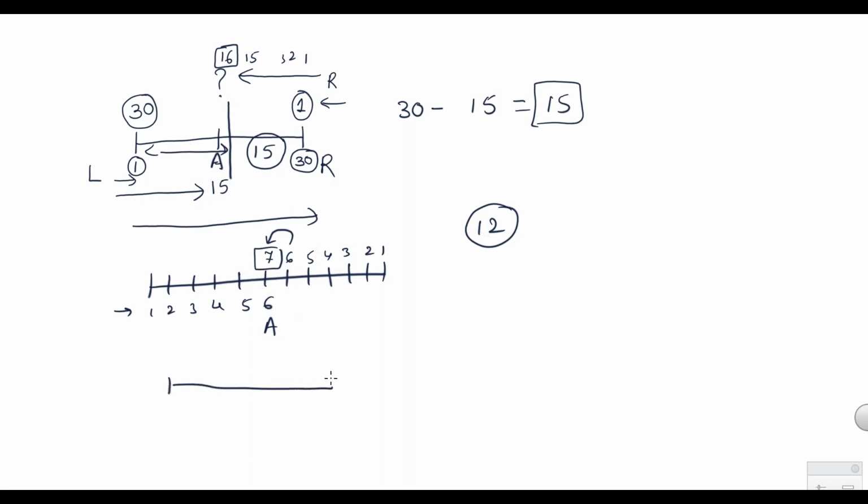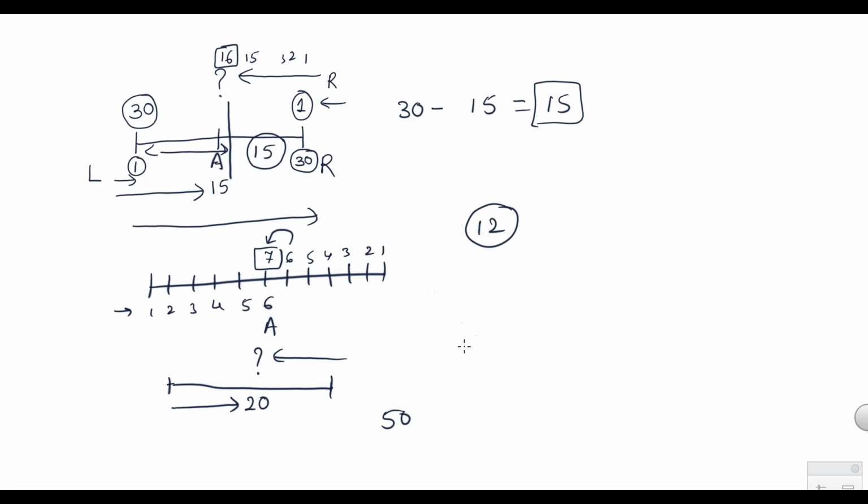Let's say in this row there are 50 people. Out of them, if the position of A from the left end is 20, and the total number of people is 50, what is the position of A from the right end? 31, right?